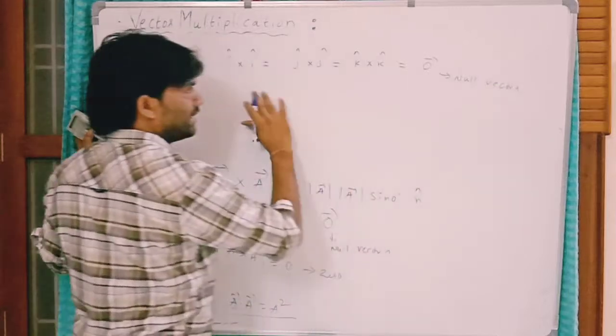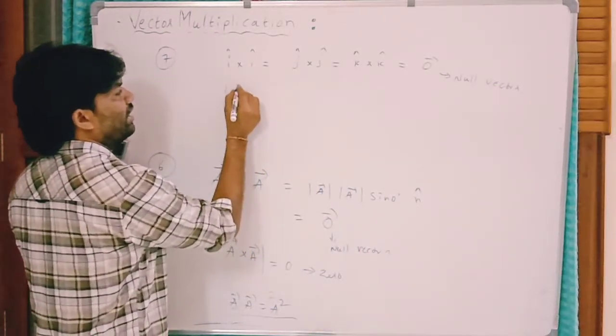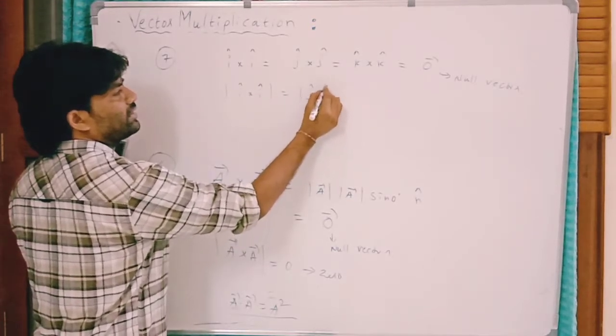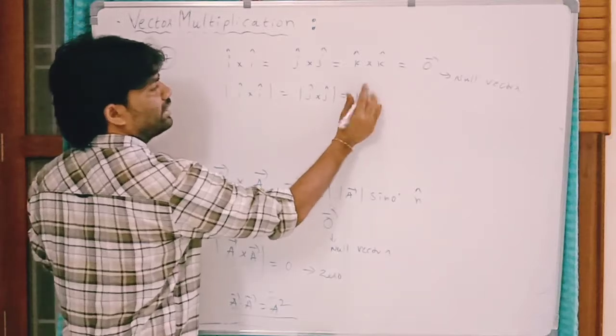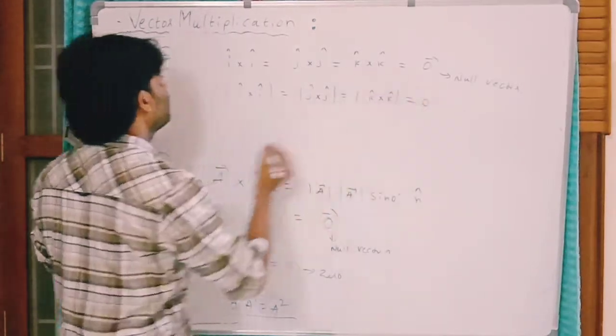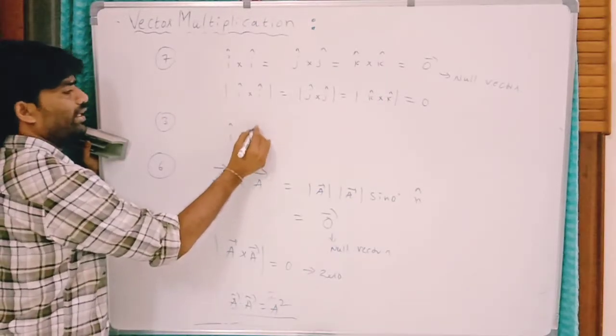The cross product of any two similar vectors, I cross I, j cross j, k cross k, has magnitude 0. And now the cross product of two perpendicular unit vectors, I cross j.